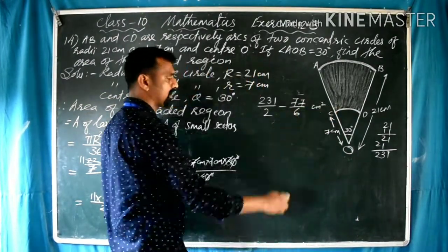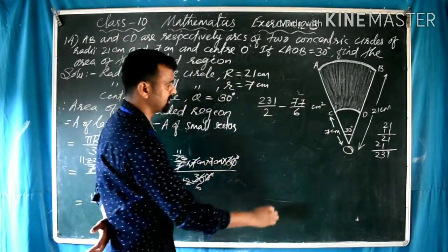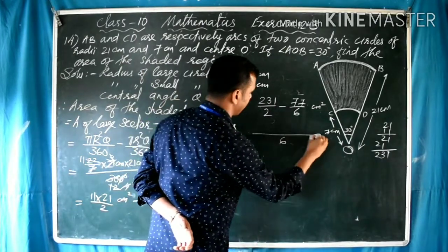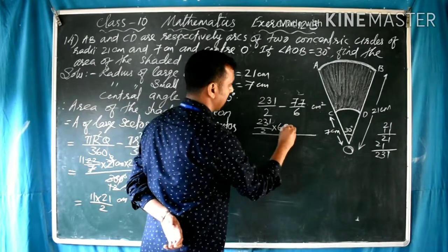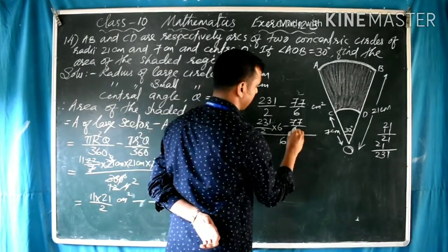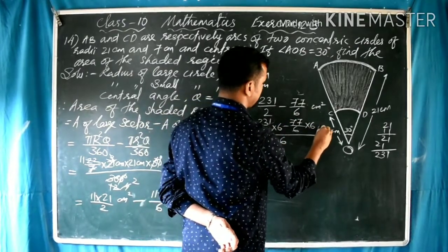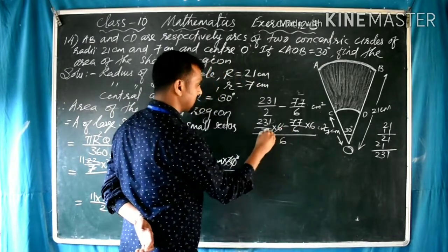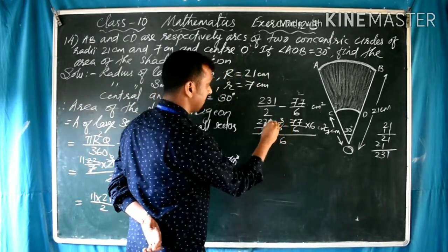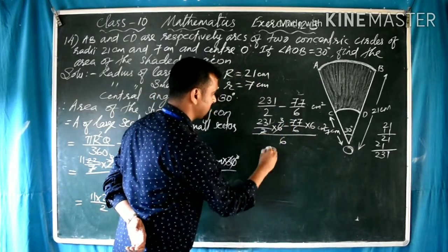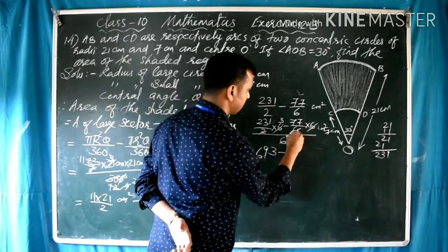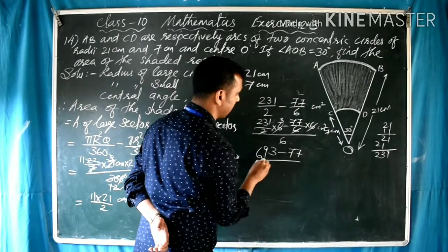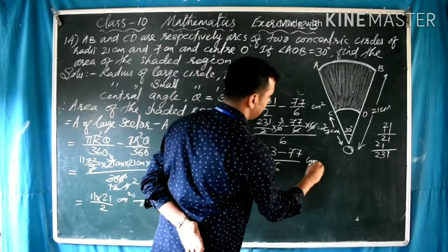Now, subtracting two rational numbers, we have to take the LCM. What is the LCM here? 6. Find out the numerator: first rational number into LCM minus second rational number into LCM. 231 into 3 is 693, minus 77, 6 6 we can cancel, 77 divided by 6 centimeter square.